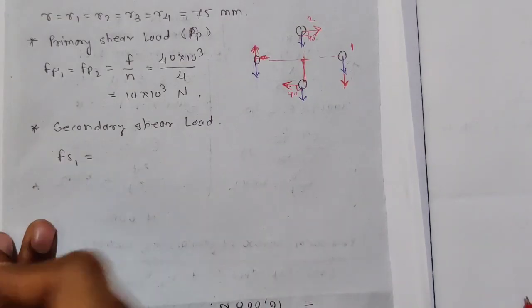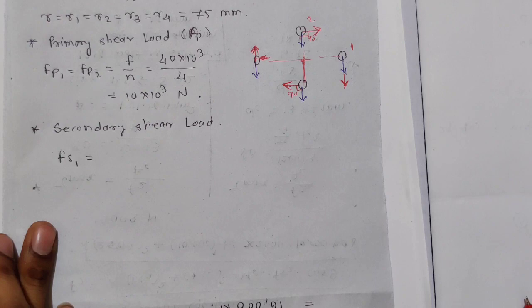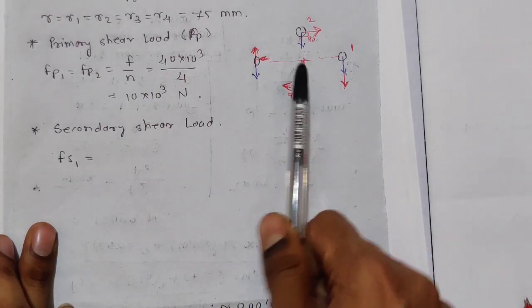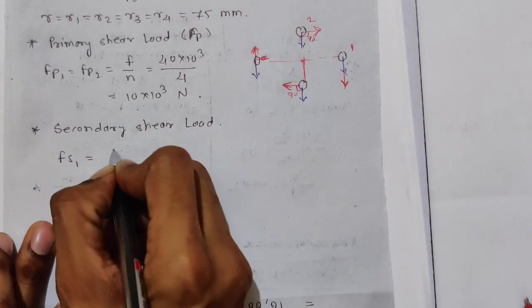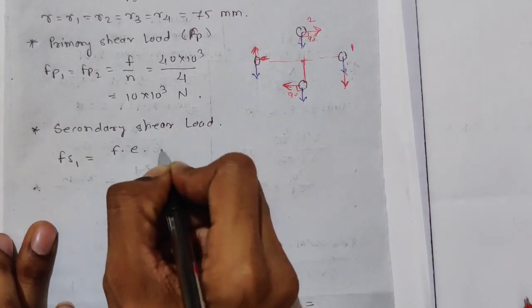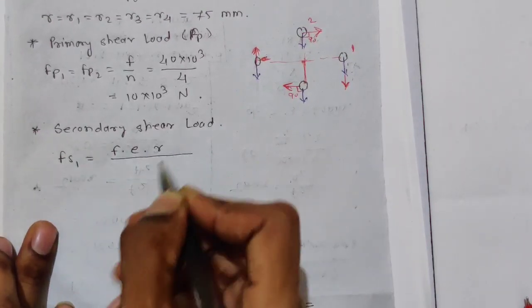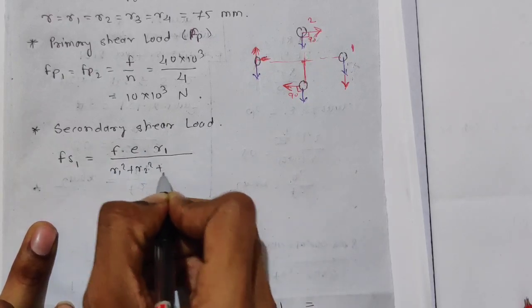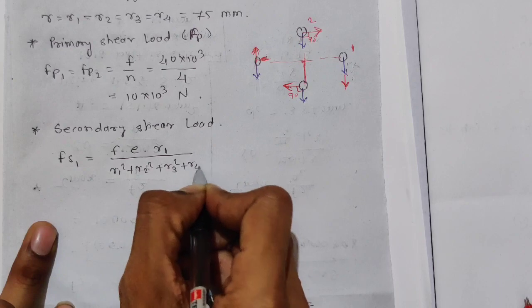So the secondary shear load on bolt 1, FS1. Now see, we have the same radius. What is the formula? The formula is F into E into R1 upon R1 square plus R2 square plus R3 square plus R4 square.